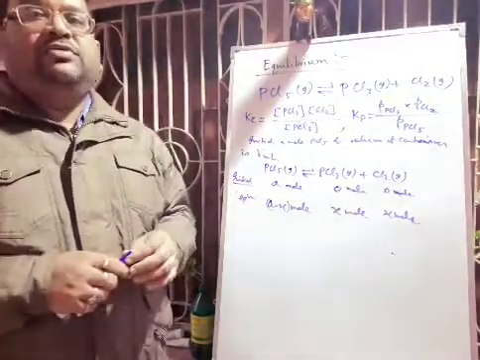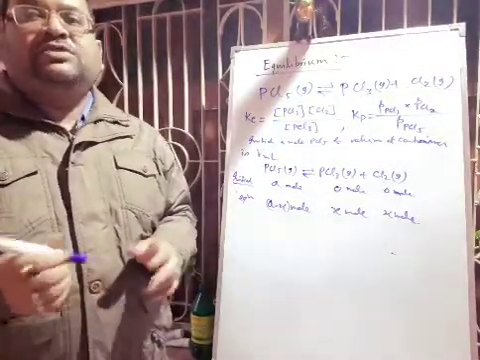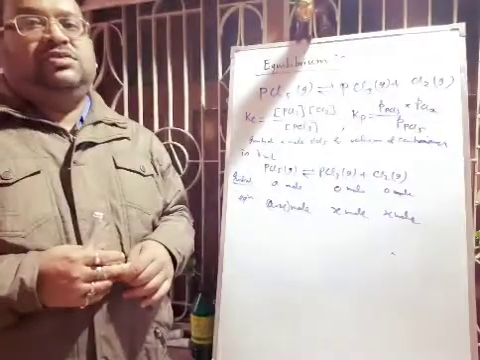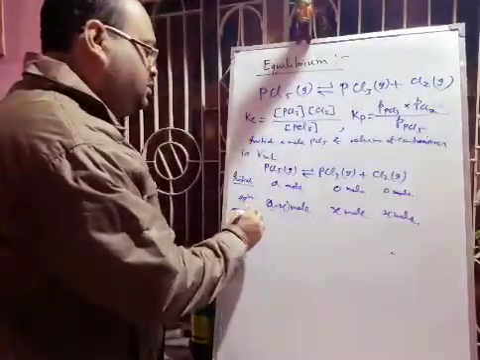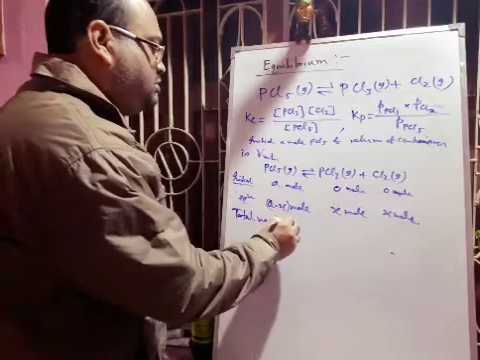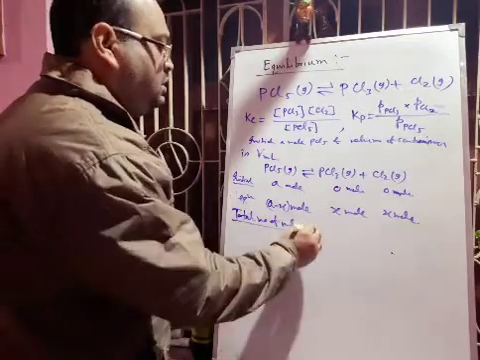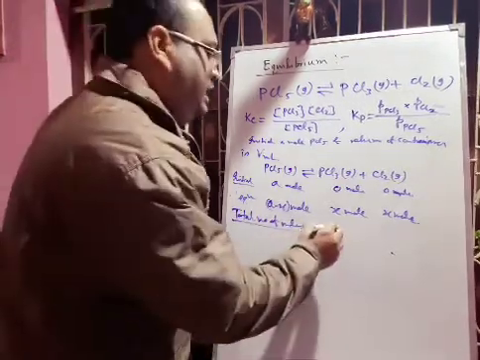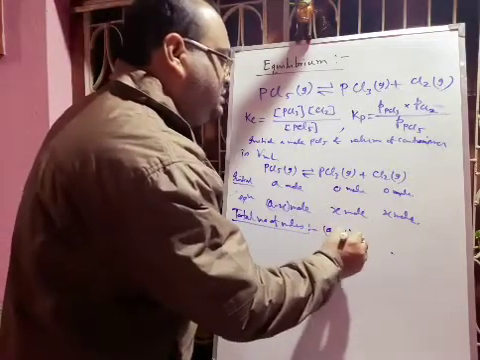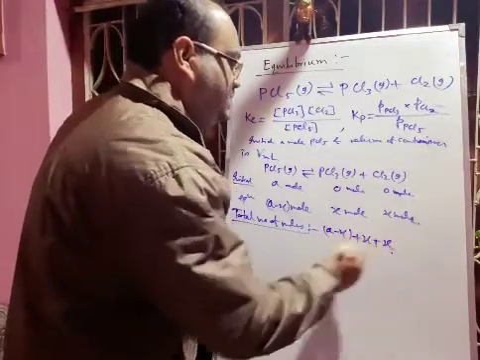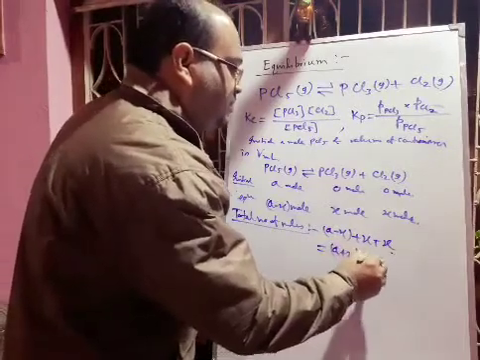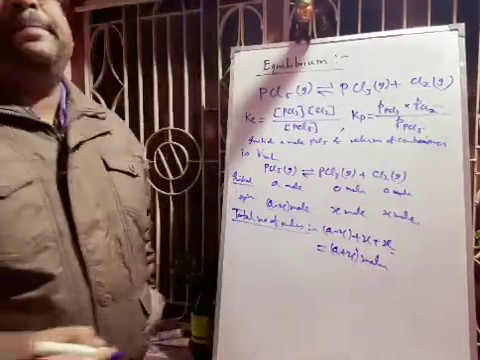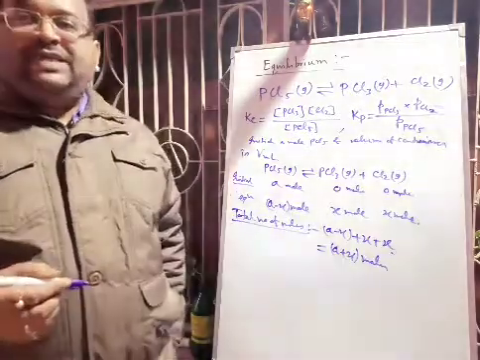So first we have to consider that P atmosphere is the pressure at equilibrium, and the total number of moles will be A minus x plus x plus x, that is A plus x moles.